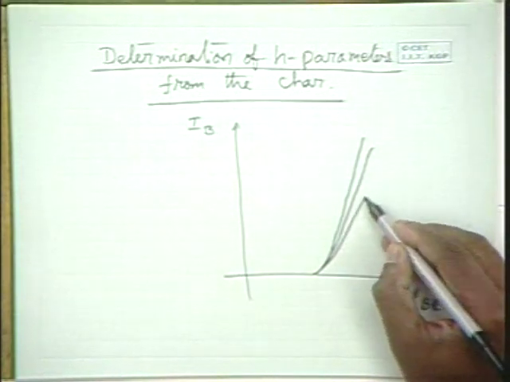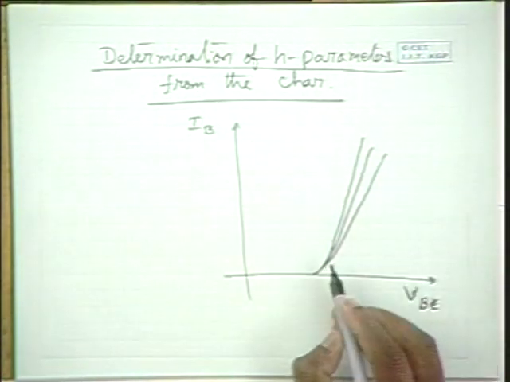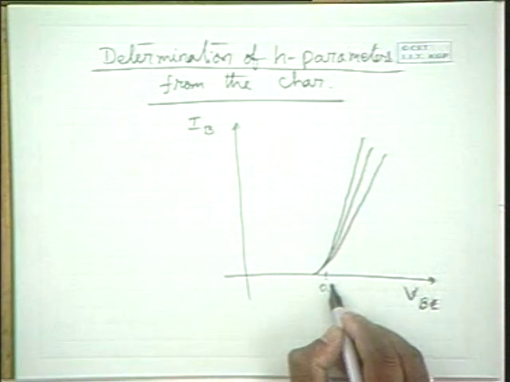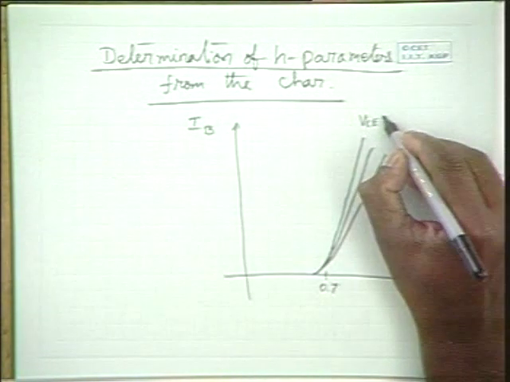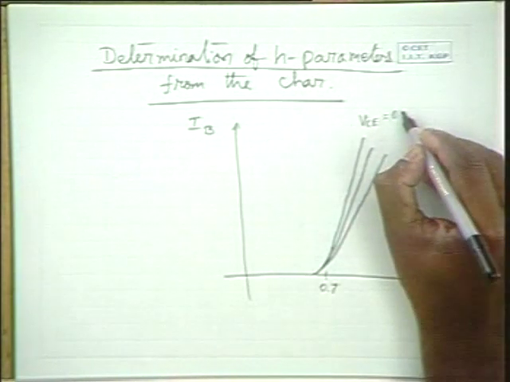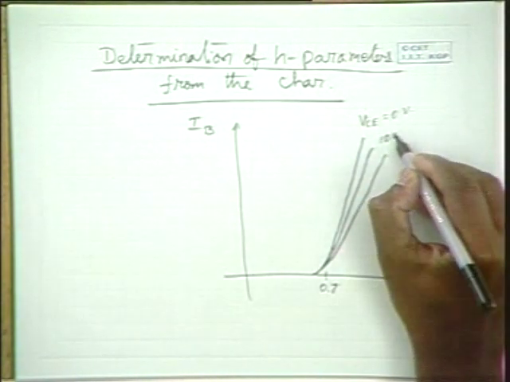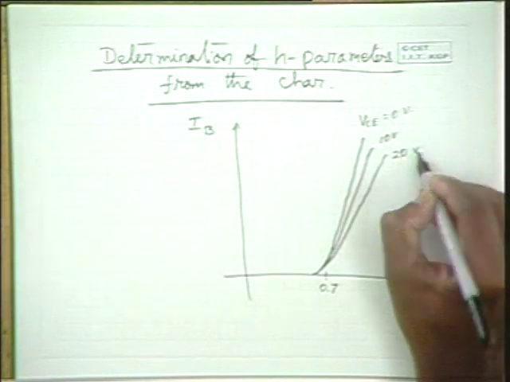So the characteristics is something like this. This is typically about 0.7 volts, and this characteristics is applicable when VC is 0 volts, when this is 10 volts, and when VC is 20 volts. This is the characteristics.